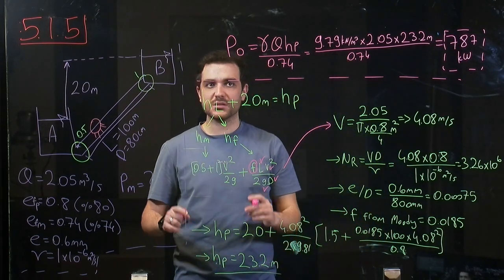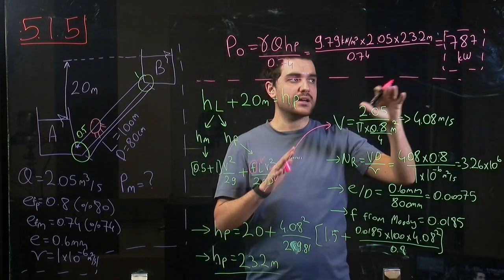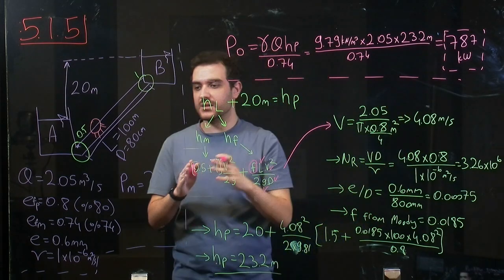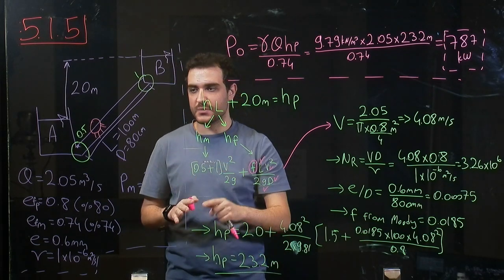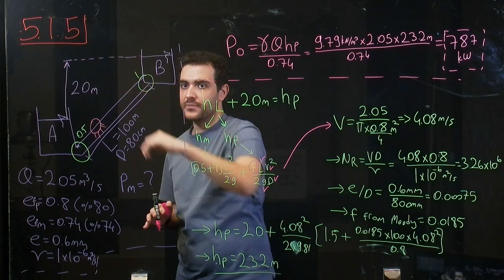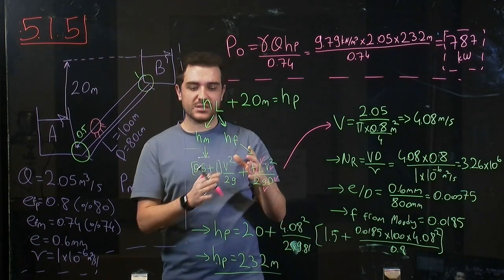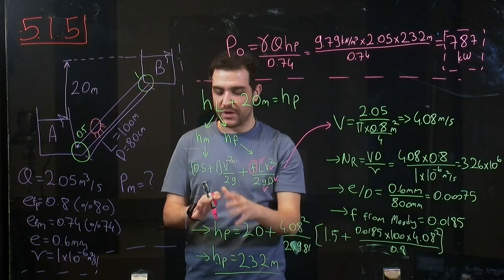So if the motor has this kilowatt of power, it can pump water 23.2 meters from A to B. So it is required for this amount of HP.